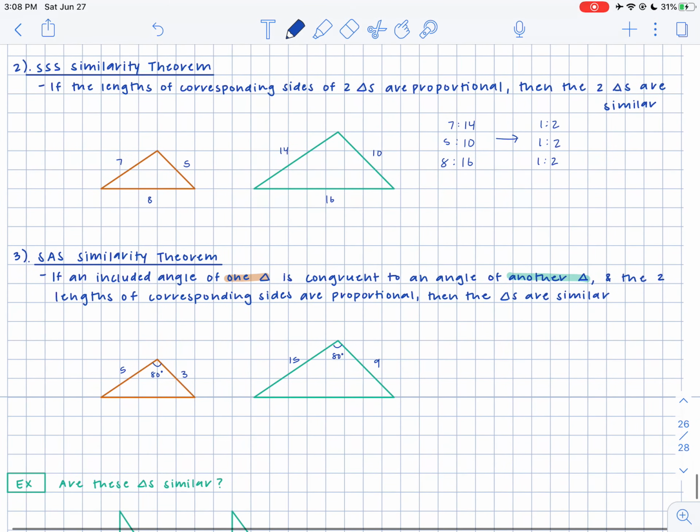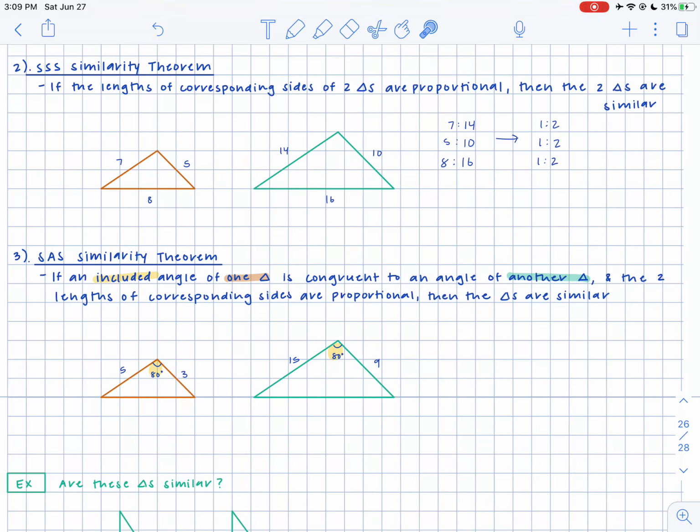Now let's get into the third one. Side-angle-side similarity theorem. This states that if an included angle of one triangle is congruent to an angle of another triangle, and the two lengths of corresponding sides are proportional, then the triangles are similar.